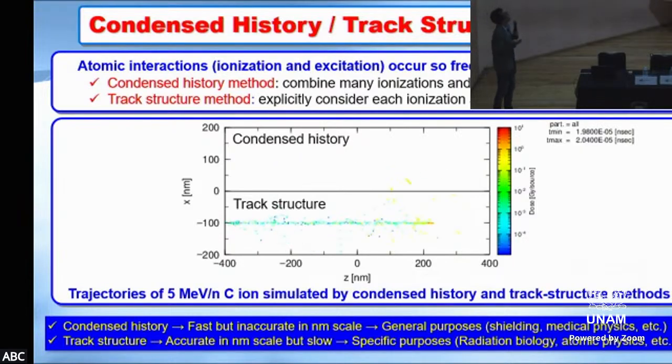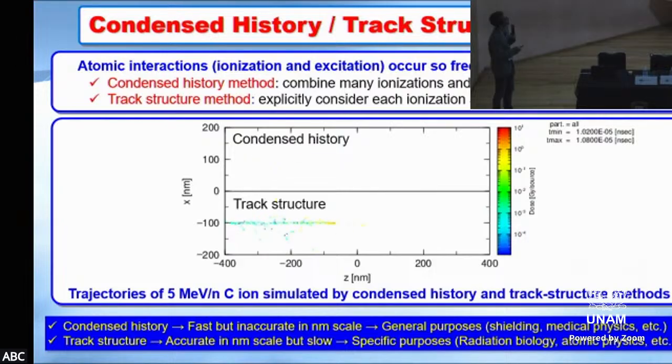The condensed history method combines many ionizations and excitations into one event to reduce the computational time, while the track structure method explicitly considers each ionization and excitation as an event.